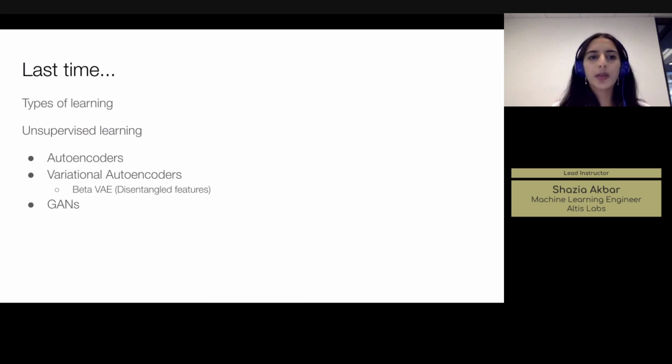And we dived a little bit into unsupervised learning, particularly autoencoders, which are almost like a mapping function between inputs and outputs, and variational autoencoders, which enforce a regularization term within the loss function by introducing unit Gaussians within the latent space. We talked about disentanglement and how we can change VAE to force it to learn more disentangled features. And then finally, we touched on GANs a little bit as well.